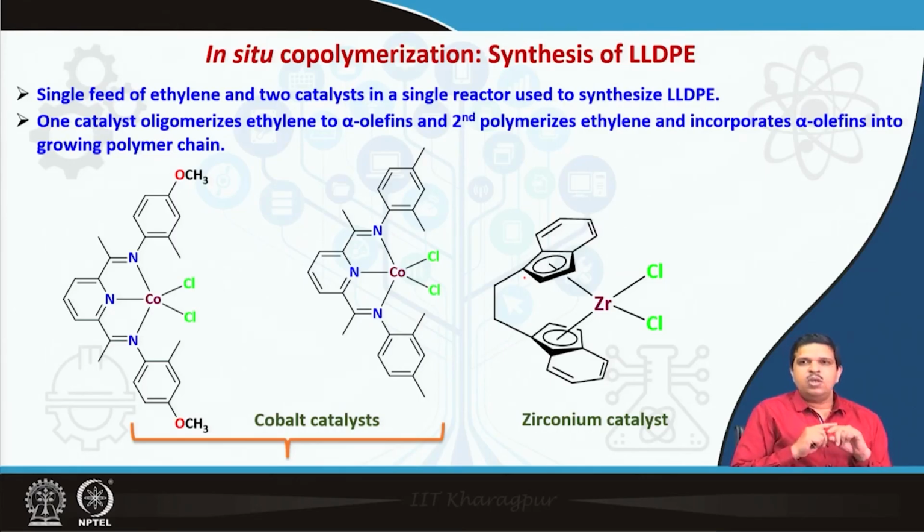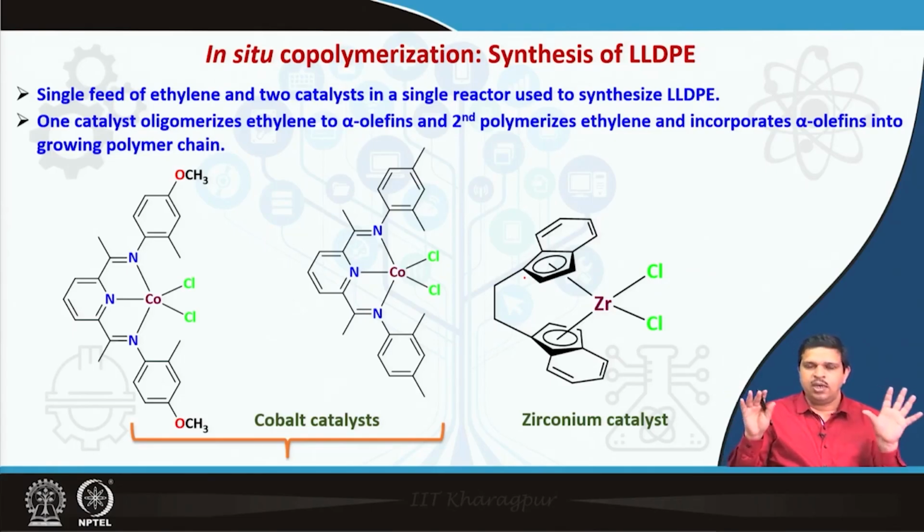Now if you remember, in the last class we discussed that there are two strategies. One is strategy 1, that is two separate chambers A and B. A is for the oligomerization and B is for the polymerization. Now strategy 2 is the tandem approach, the in situ approach.